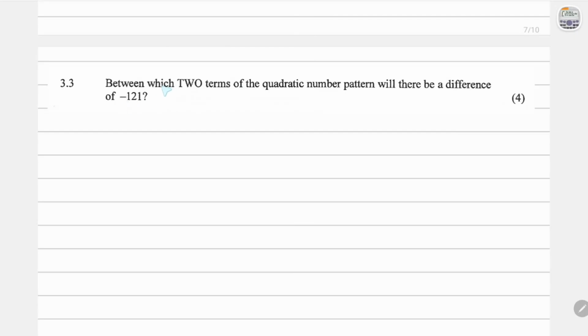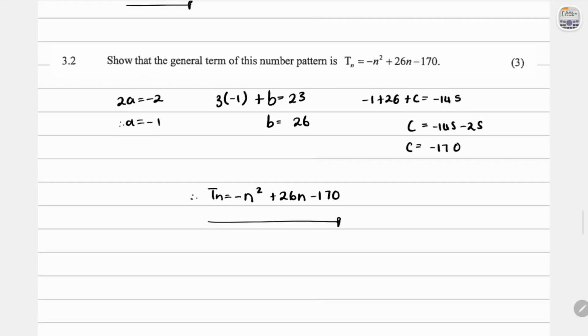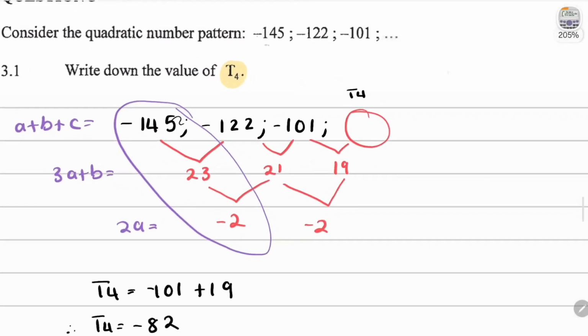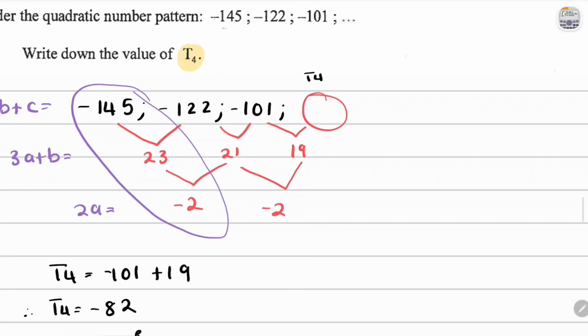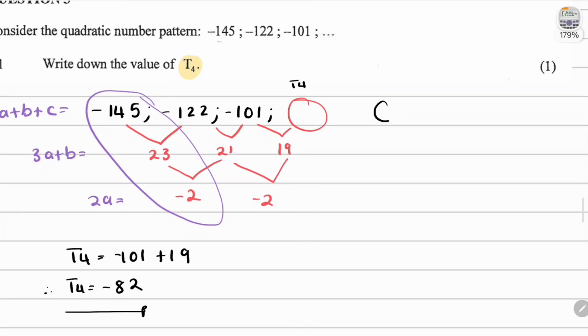Question 3.3 says, between which two terms of the quadratic number pattern will there be a difference of negative 121? So between which two terms in this pattern will we have a difference of negative 121?